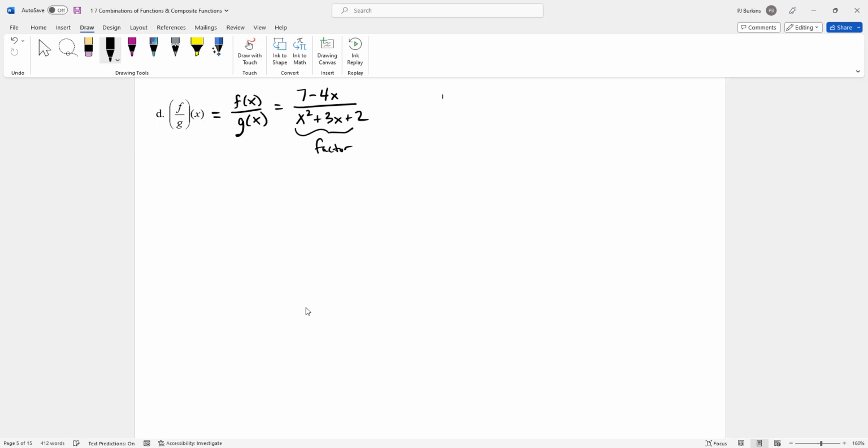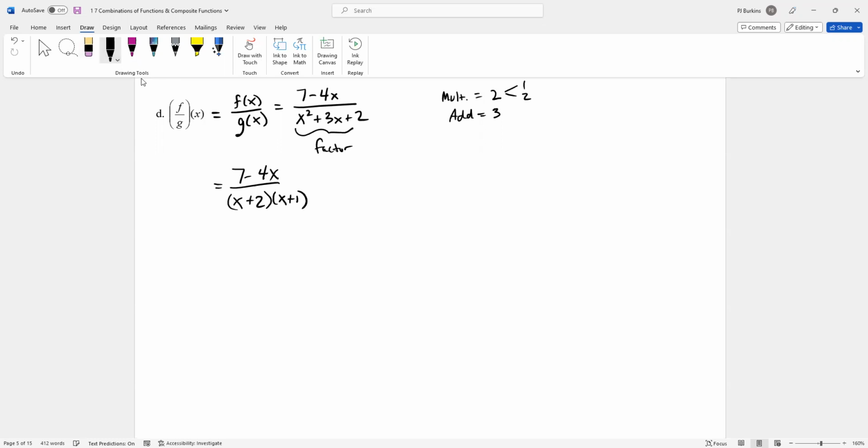So we're looking for two numbers that multiply to 2 and add to 3. Those numbers are going to be 1 and 2. So this will factor as x plus 3. I'm sorry, x plus 2 and x plus 1.